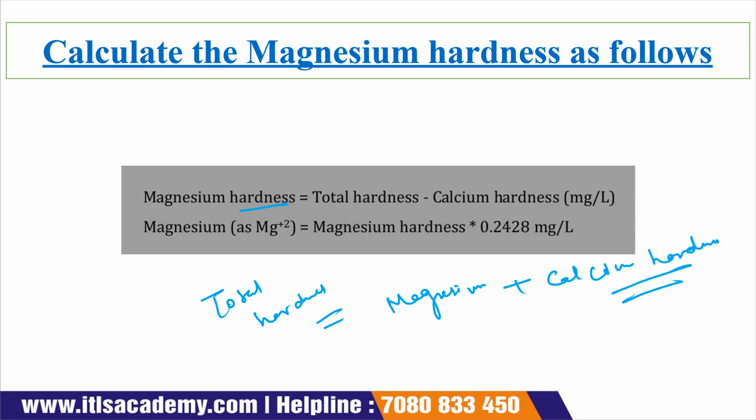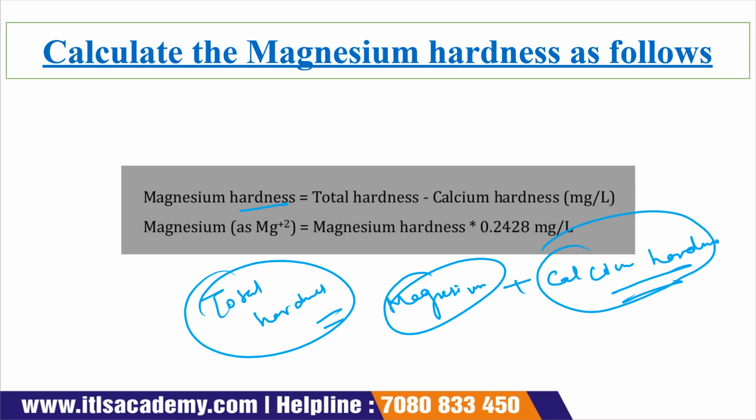When you have the total hardness by using the first formula, and you also have the calcium hardness by using the second formula, now you have to subtract the calcium hardness from the total hardness, and you will get the magnesium hardness. So this is how you will calculate the magnesium hardness by our calculation method.